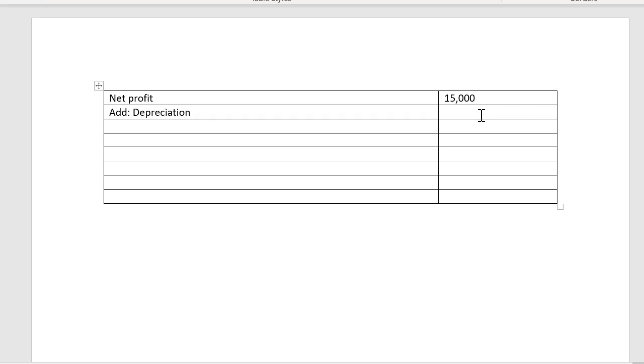We add 16,000. And proceeds is not an operating cash flow, so you need to less proceeds if given. Proceeds from sale of non-current asset or sale of machinery, and that is 10,000.